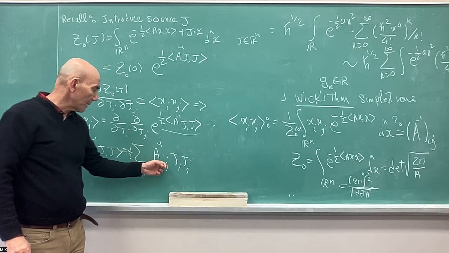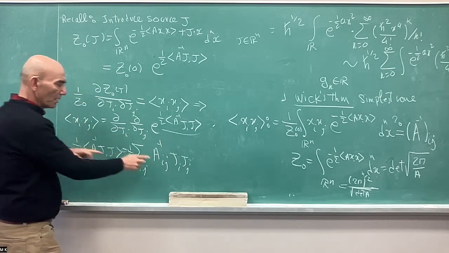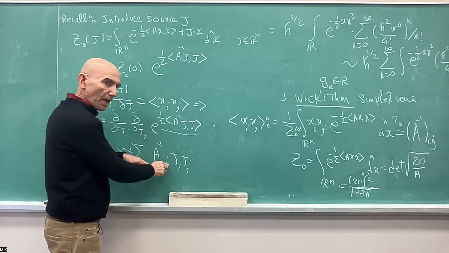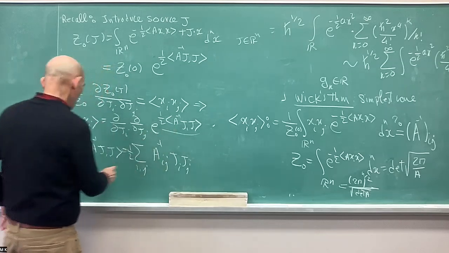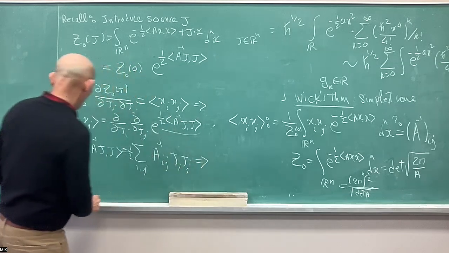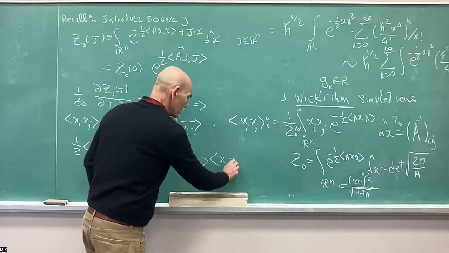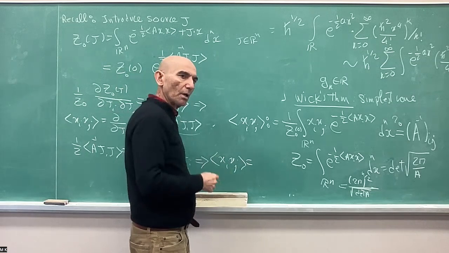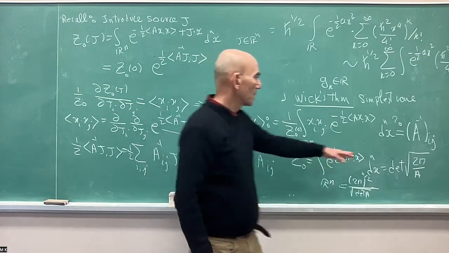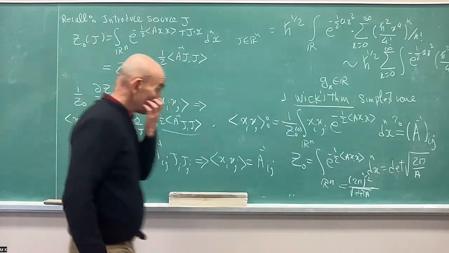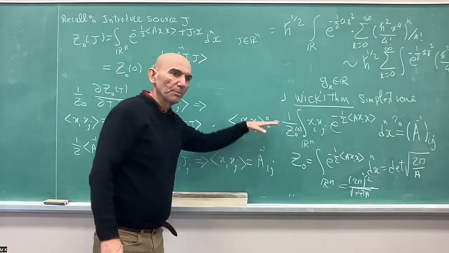And so this is a symmetric matrix, and the partial derivative with respect to i and j picks up A inverse_ij and A inverse_ji, but they are the same, and divided by 1/2, you get exactly that. So this implies that indeed the expectation of x_i x_j is equal to A inverse_ij. Yeah, so that's the simplest case.